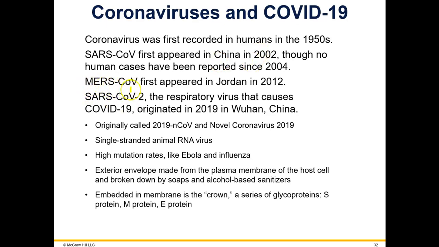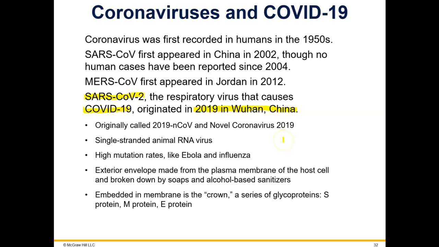Now, MERS-CoV first appeared in the country of Jordan in 2012. And then the one that all of us have been affected by is SARS-CoV-2, which is the virus that causes COVID-19. That originated in 2019 in Wuhan, China.